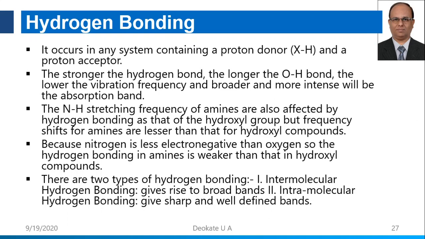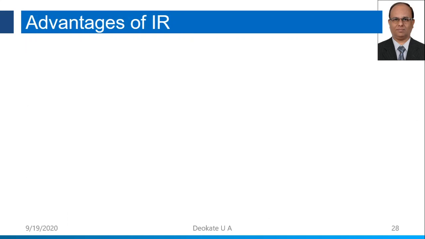And in intermolecular, two different molecules form a hydrogen bond between them. The intramolecular hydrogen bonding gives a sharp and well-defined band. Okay, so these are the various factors affecting your IR frequencies, that is, at which position the IR band will appear.